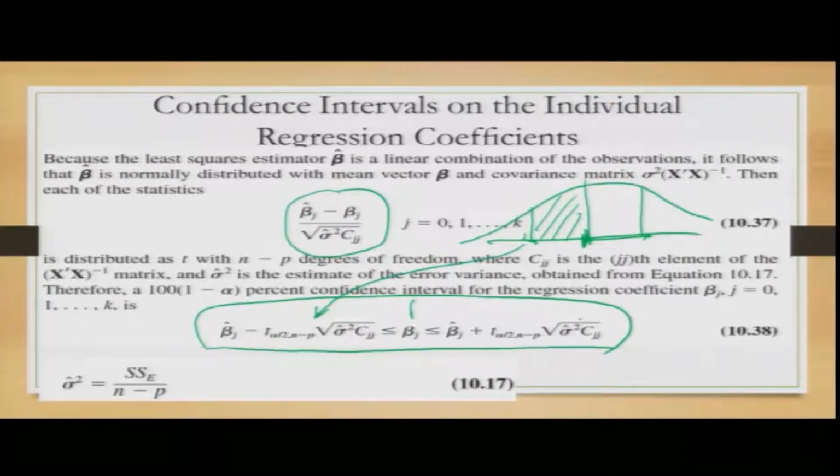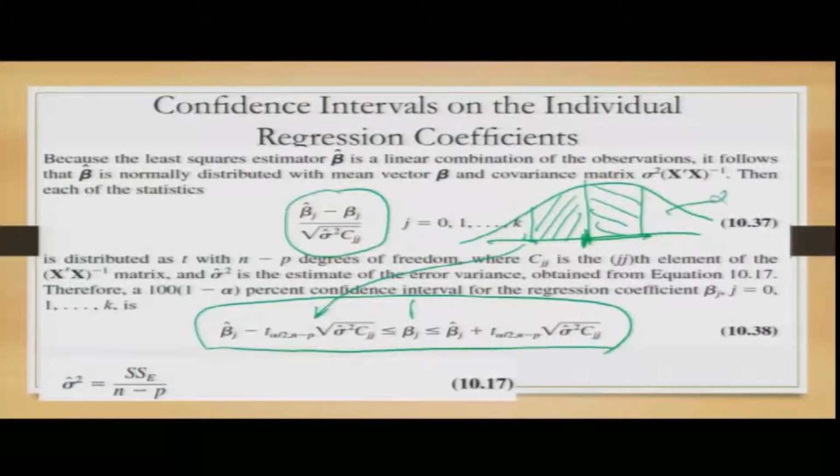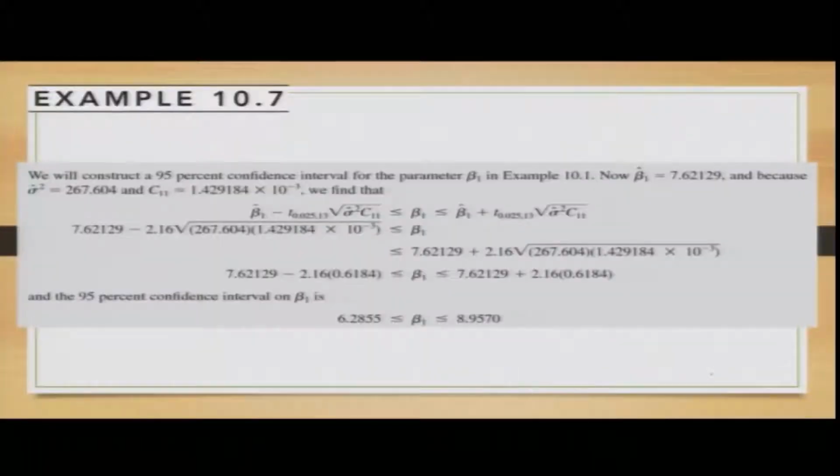Note that we are trying to find an interval, so it will be alpha by 2 here and alpha by 2 here, and the whole area inside is 1 minus alpha, with n minus p degrees of freedom, n minus k plus 1 or n minus k, depending on the number of variables you have. So, we can construct a 95%, 90% or 99% confidence interval.